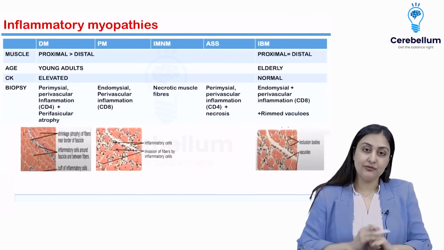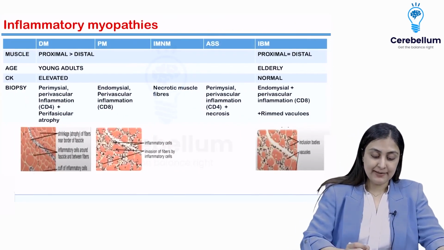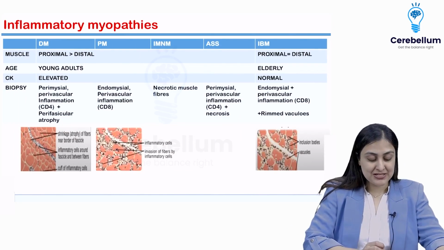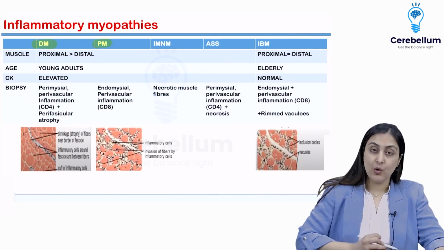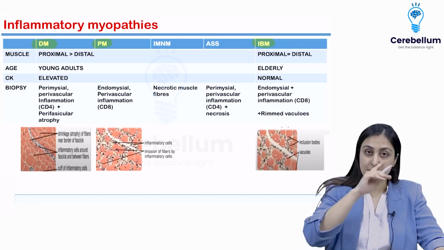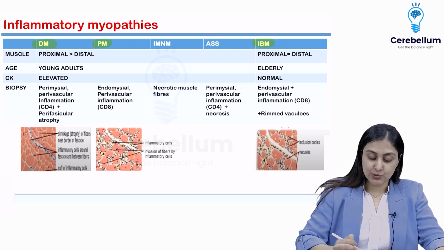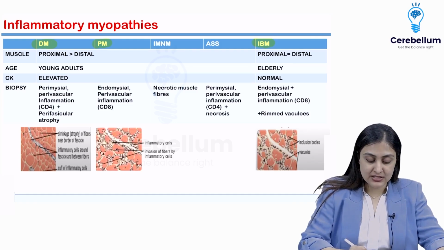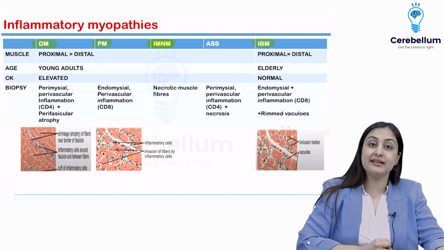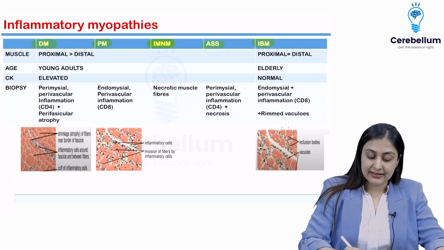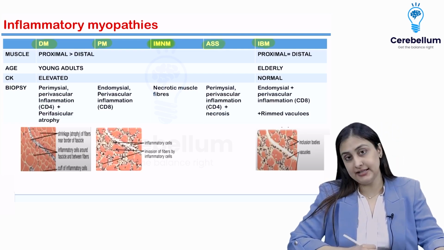Now let's go to inflammatory myopathies. So here I am sure you knew 3 coming into this, which were dermatomyositis, polymyositis, and inclusion body myositis. I'm going to teach you 2 more new entities. So this is from Harrison's. This is immune mediated necrotizing myositis, and the new syndrome is anti-synthetase syndrome.